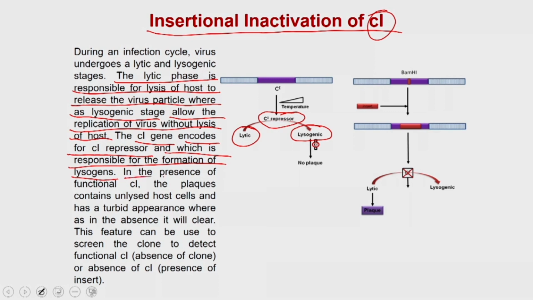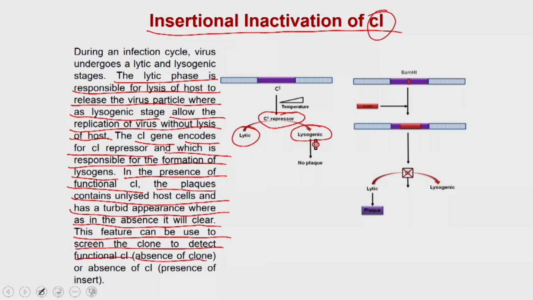In the presence of functional CI protein, the plaques contain unlysed host cells and have a turbid appearance, whereas in the absence of it, they will be clear.